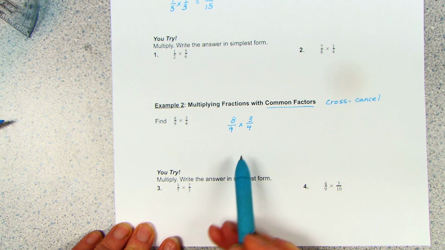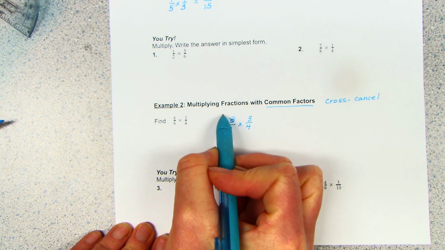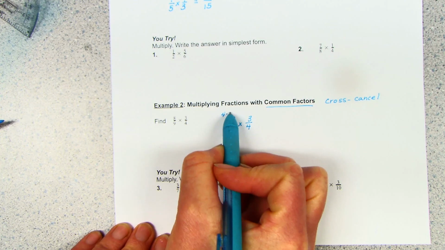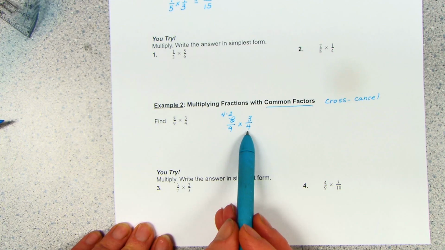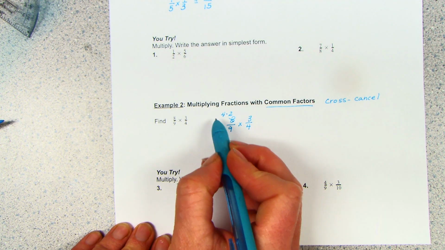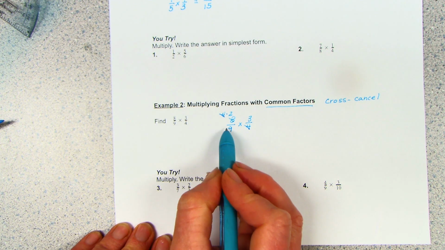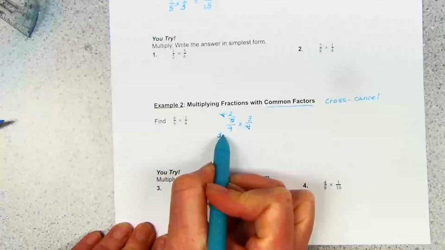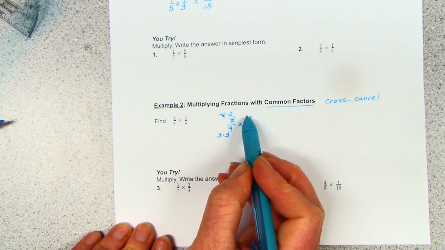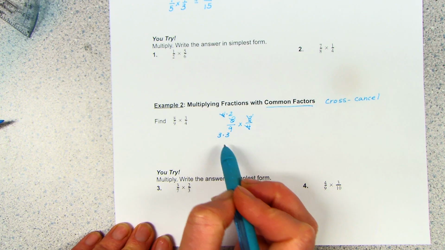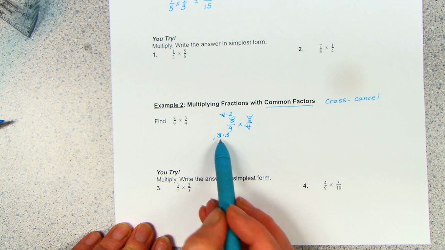I'm looking at 8 and I see that I can rewrite 8 as 4 times 2. And then I have a 4 in the numerator and I also have a 4 in the denominator. So I can cancel out those 4s. And I can rewrite 9 as 3 times 3. And then I have a 3 in this numerator, kind of change that into a 1, and a 3 in this denominator, and those can cancel out.